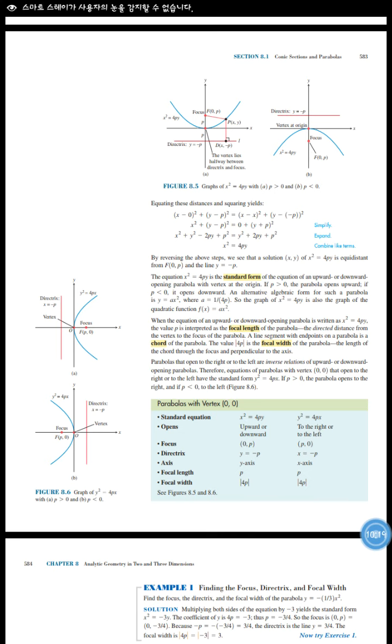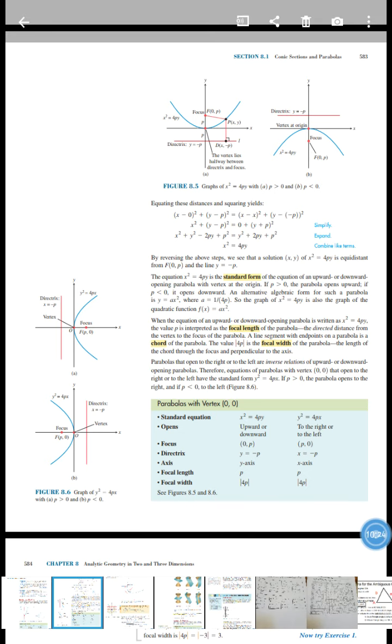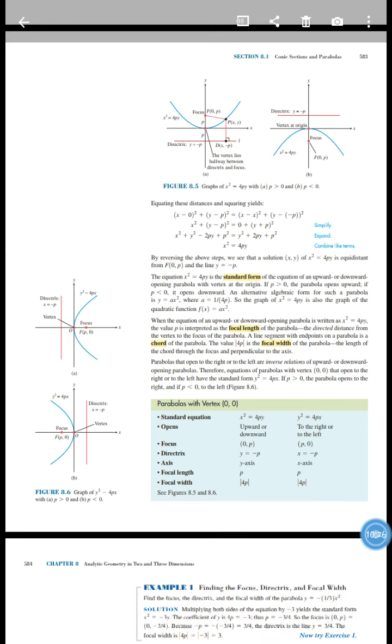Please look at the green picture. The standard equations are x squared equals 4py and y squared equals 4px. If you have upward or downward, that is x squared equals 4py. To open to the right or to the left, that's y squared equals 4px.